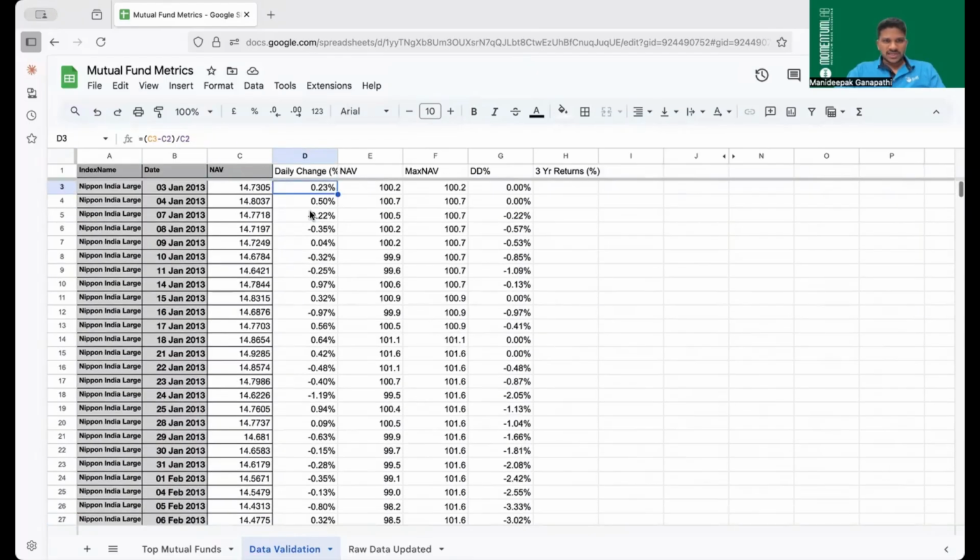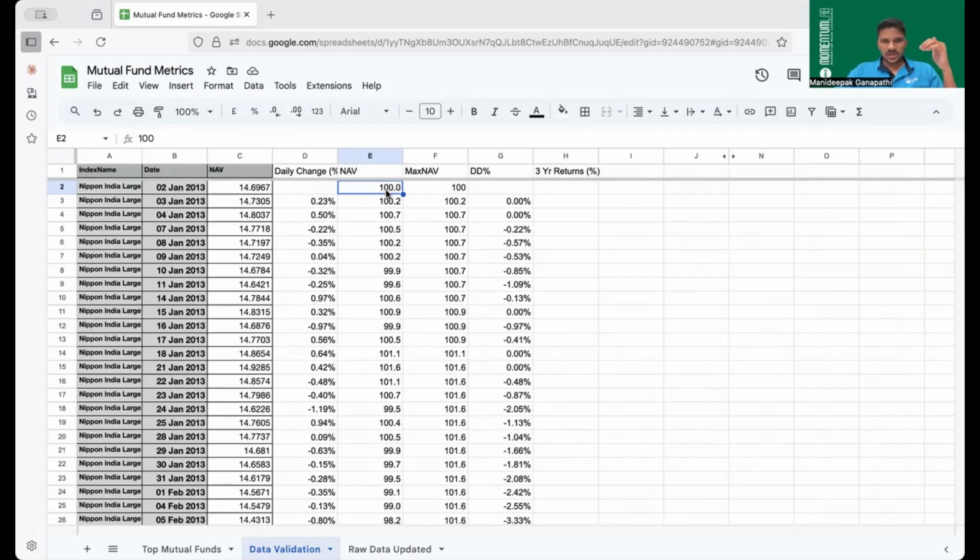So what I did was I calculated the percentage change, or the daily percentage change, and I've computed the NAV based on this percentage change. Just to make the comparison easy, I wanted to start with 100 as a number and see how the NAV has increased for this fund.